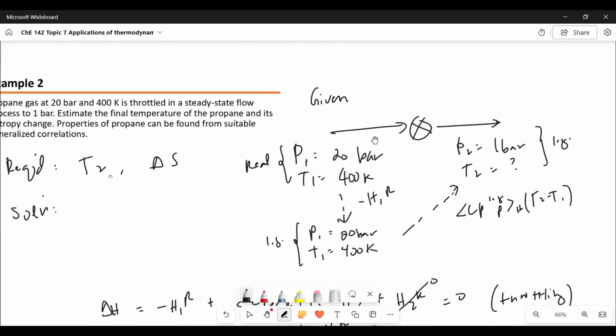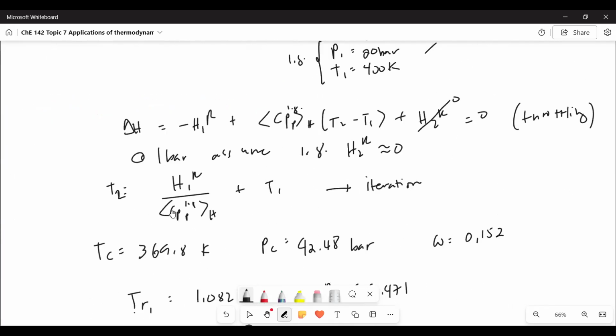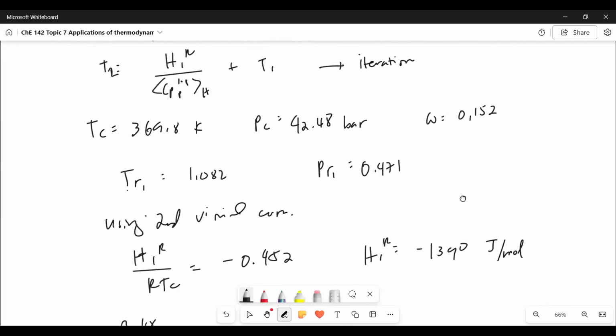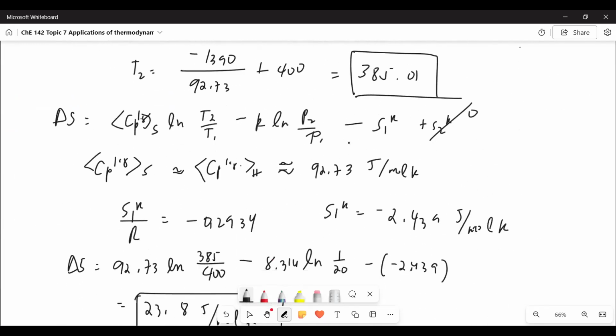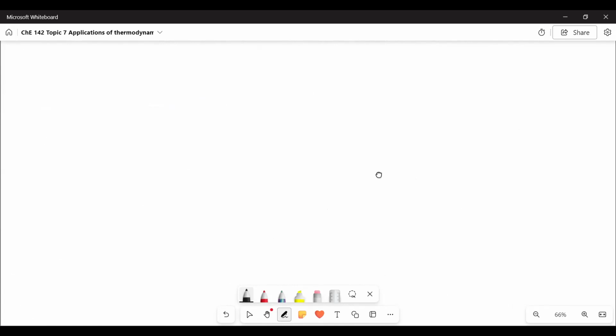In the energy balance, even the entropy balance, you have to trace a hypothetical path. To get the temperature, use the energy balance, and then iterate, and then solve for delta S. Okay, so that ends example 2. Let's move to example 3.